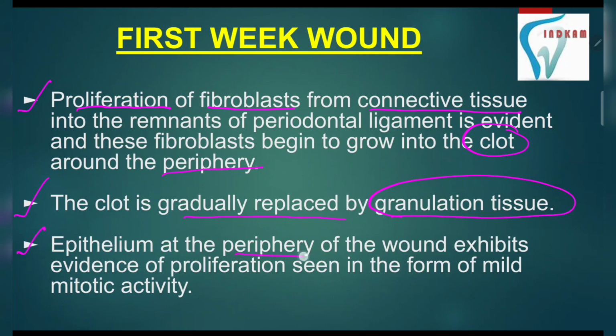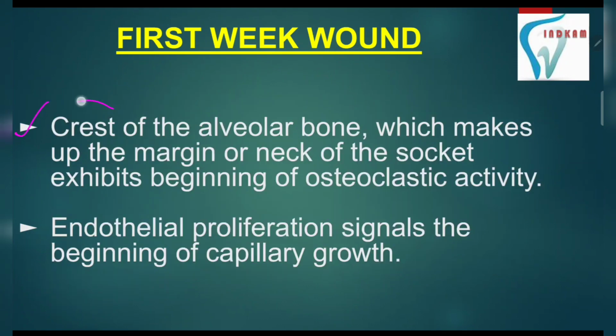Epithelium at the periphery of the wound exhibits evidence of proliferation seen in the form of mild mitotic activity. The crest of the alveolar bone, which makes up the margin or neck of the socket, exhibits beginning of osteoclastic activity.